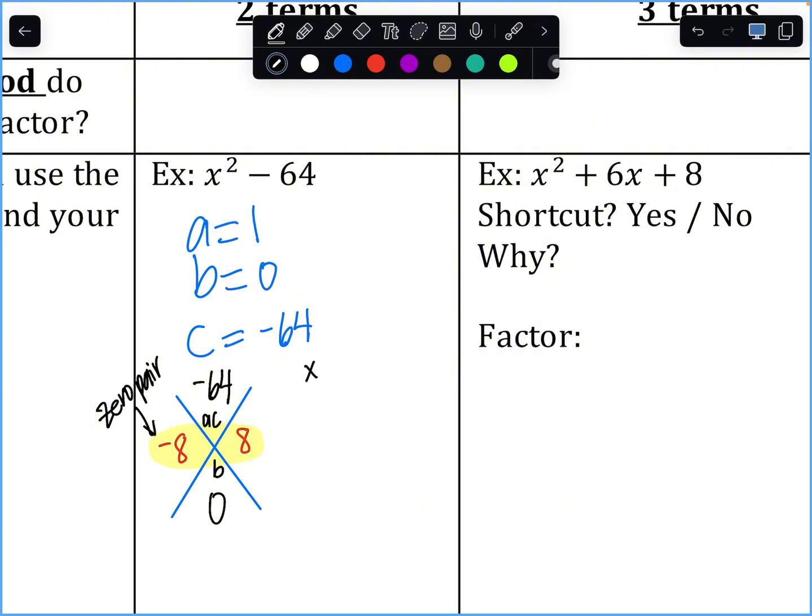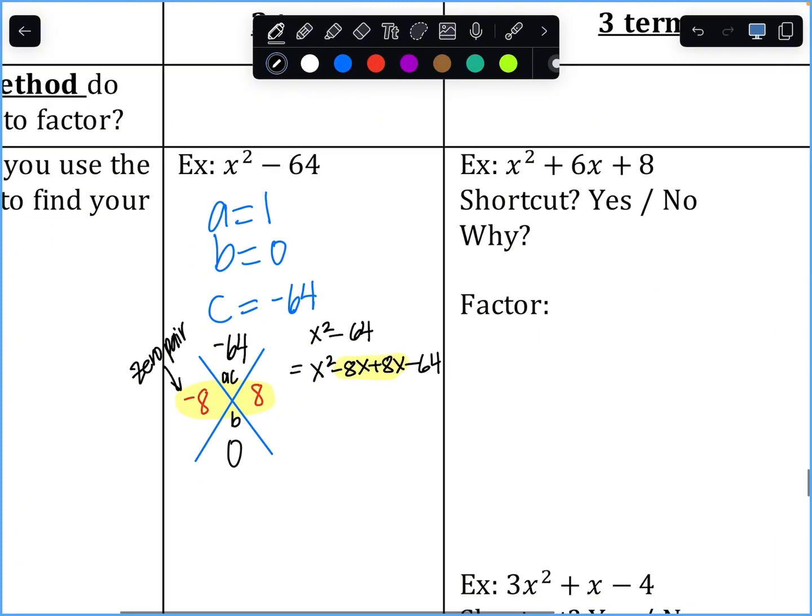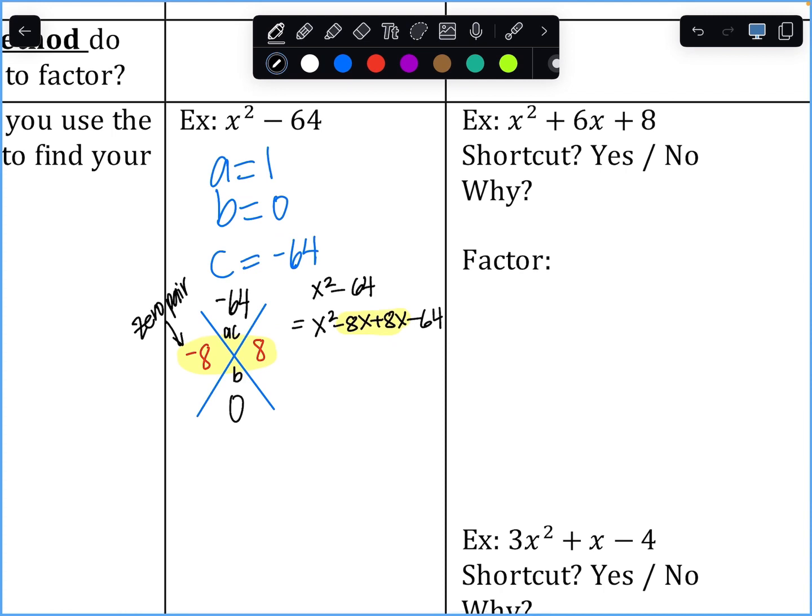So we just went from x squared minus 64 equals x squared minus 8x plus 8x minus 64. They are the same because this is a 0 pair. We turned a 2 term into a 4 term, so I don't have extras.